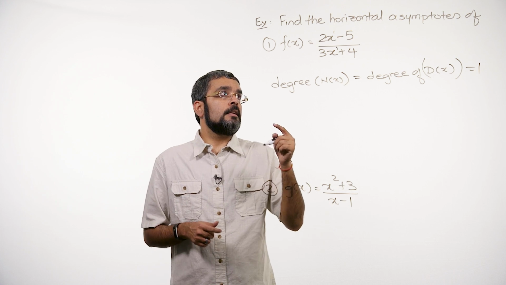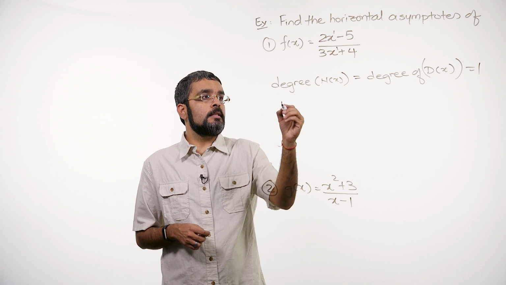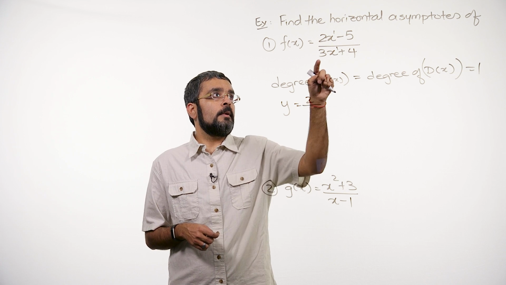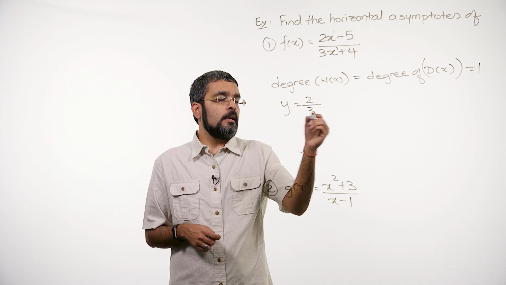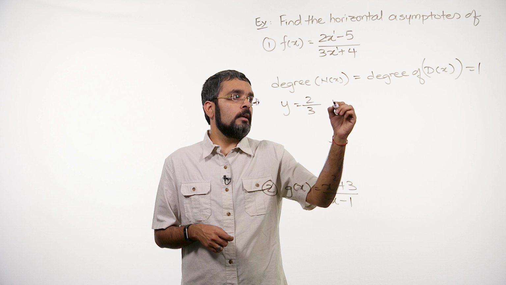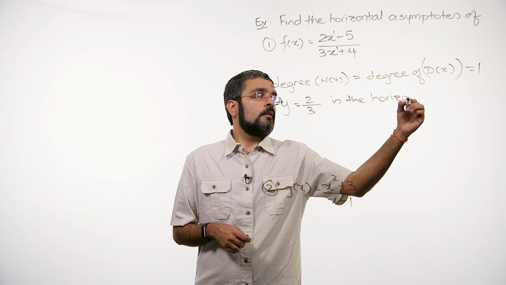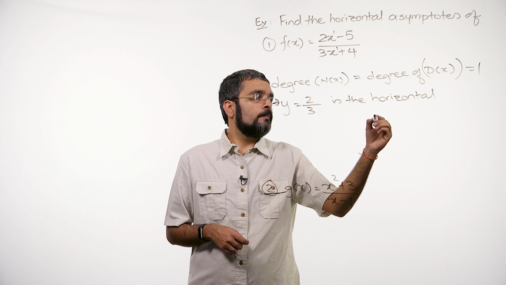So both of them are linear. And so in this case, if you remember, all we have to do is take the line y equals the leading coefficient, which is 2, divided by the leading coefficient here, which is 3. And so this is going to be the horizontal asymptote.